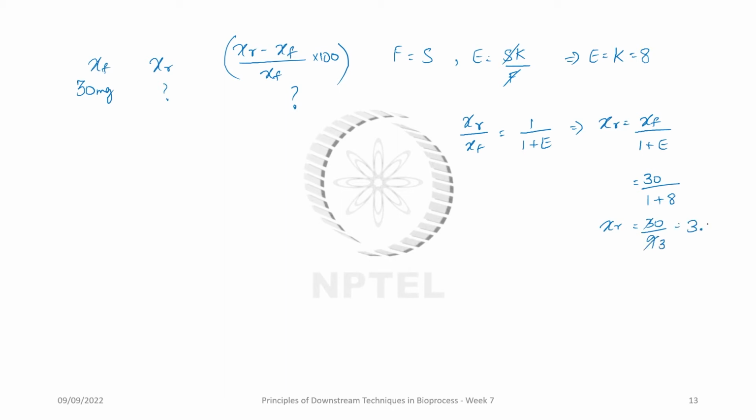What is that? 3.33, correct? So XF minus XR by XF is equal to 30 minus 3.33 divided by 30. 30 minus 3.33 is 26.67, divided by 30 is equal to 0.889. So in percentage that would be 88.9%.